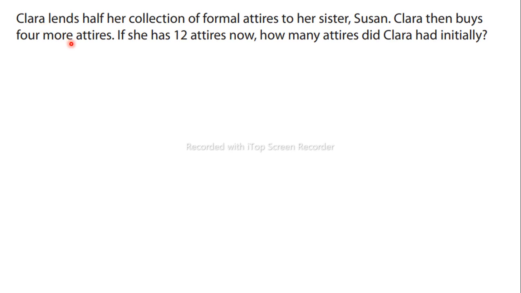So Clara lends half of her collection of formal attires to her sister, Suzanne. She has 12 then. I'm so confused. Think about it, Abraham.